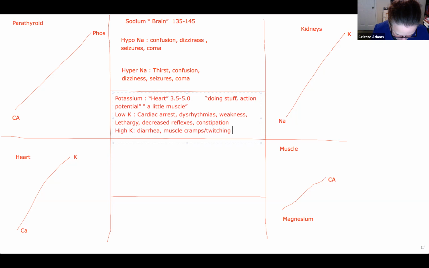So in both, you'll still have the cardiac symptoms in both low potassium and high potassium, but also think about the muscle too. The muscle and the action potential of the sign and symptom that is being offered to you in the question. Makes sense. Any questions?